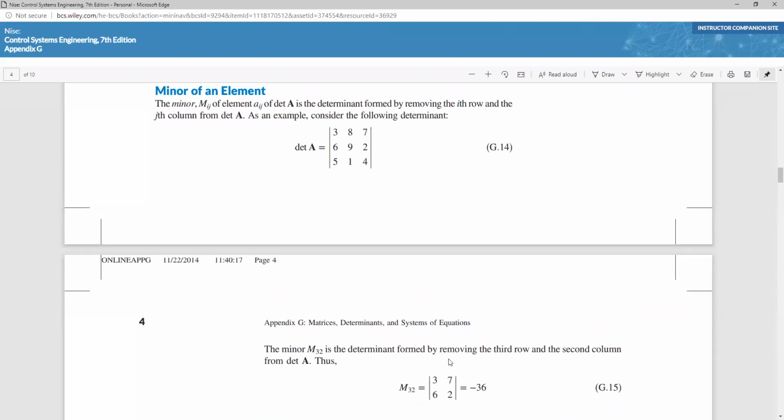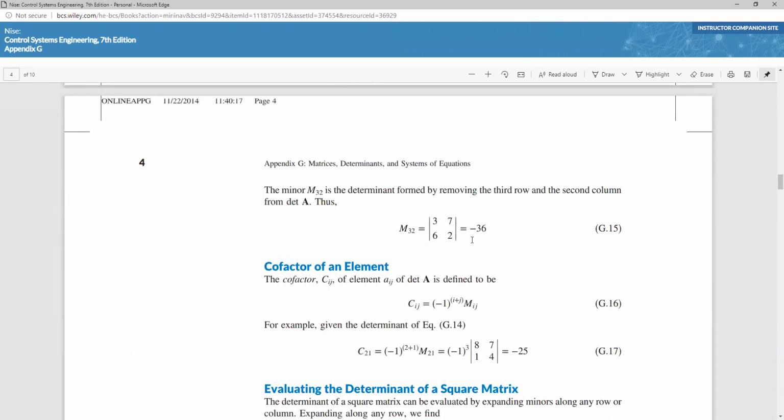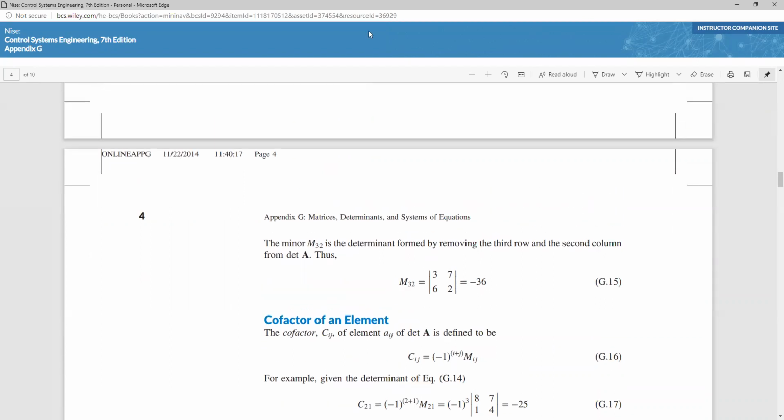So minor M32 is the determinant formed by removing the third row and the second column from determinant A. Thus, 6 minus 42, that means minus 36. So how to write the minor determinant M32? You can calculate like this.